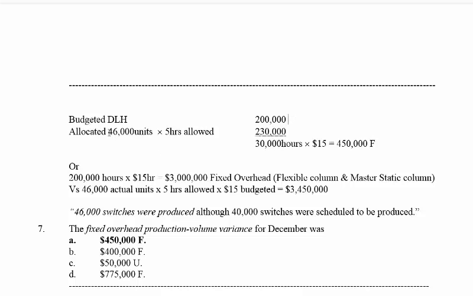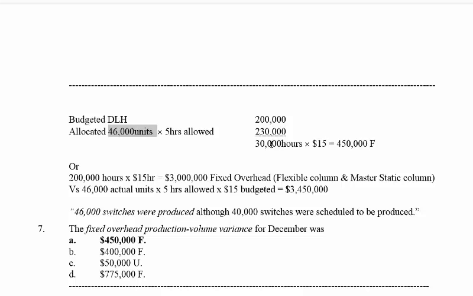We actually produced 46,000 units, and each time one of those was produced, we would have been using 5 hours allowed per unit. So 230,000 hours would have been allocated at a rate of $15 per hour.